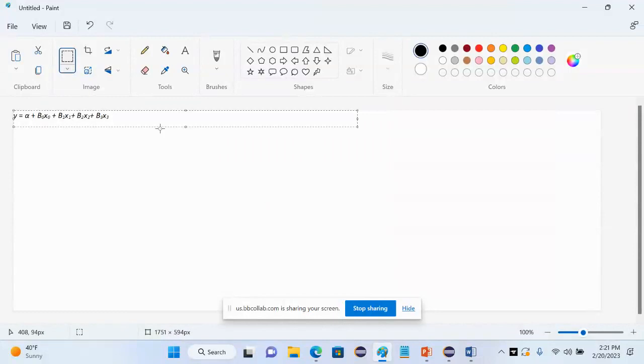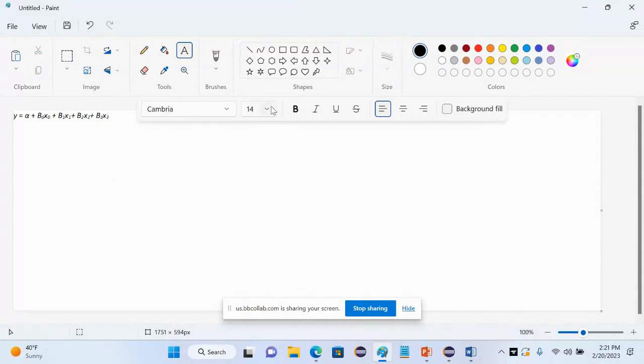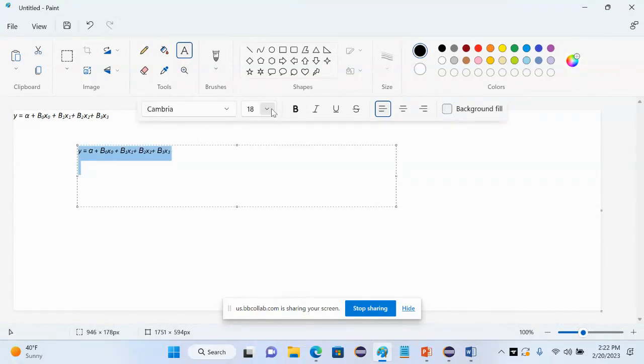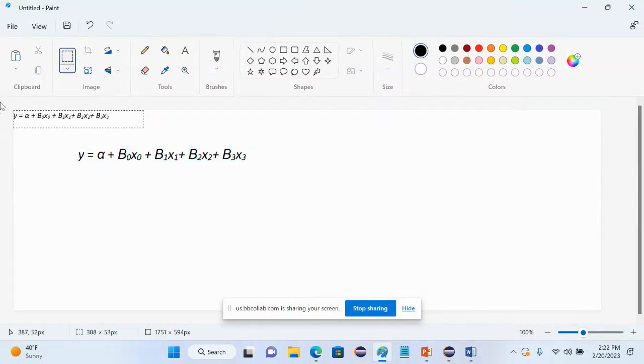Let's make that. Yeah, Canberra guy. Okay. That's fine. 18, 20. There we go. Okay, now you guys can see it, which is all I ever wanted.